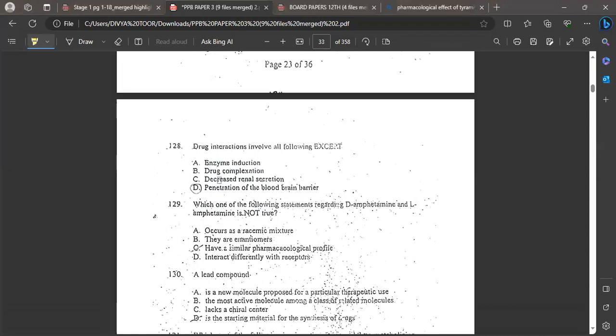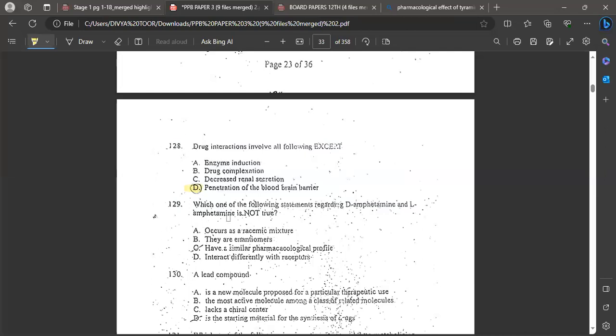Okay, so drug interactions involve all the following except enzyme induction, drug complexation, decreased renal secretion, penetration of the blood-brain barrier. Yeah, I think that BBB.